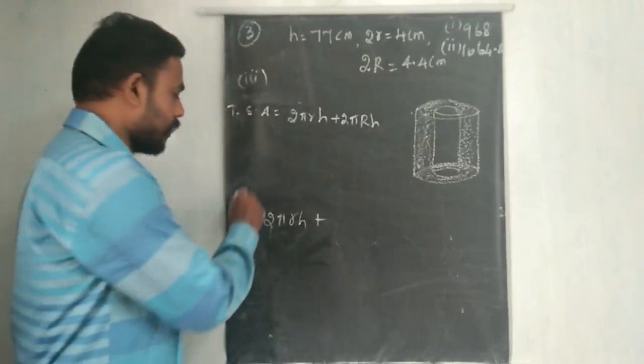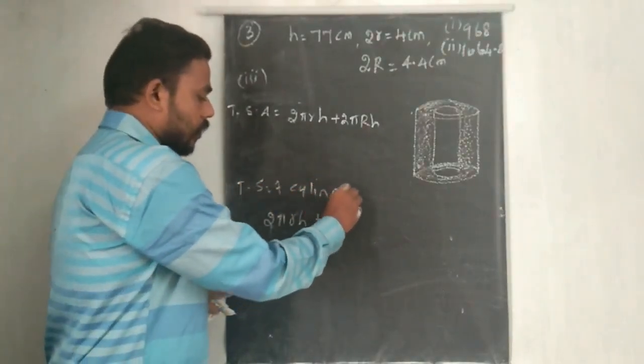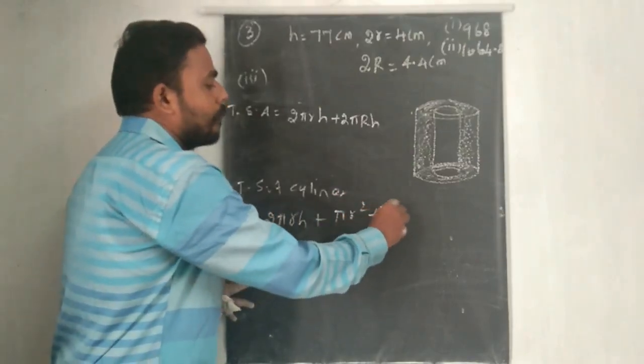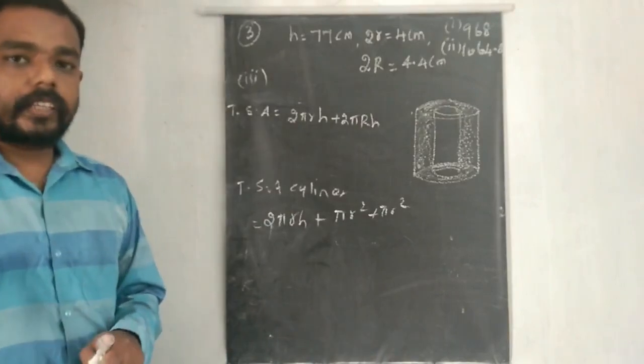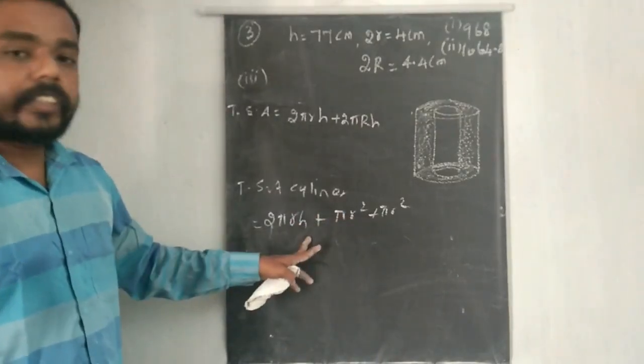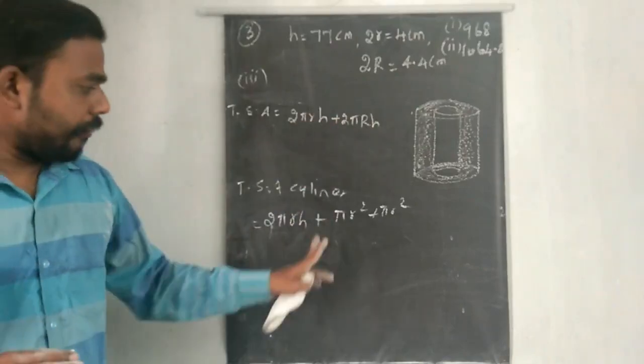Total surface area of cylinder equals 2 pi r h plus pi r square plus pi r square. This idea only I am going to use. This thing I split as inner and outer, we wrote small r and capital R. Now we need to write this thing.